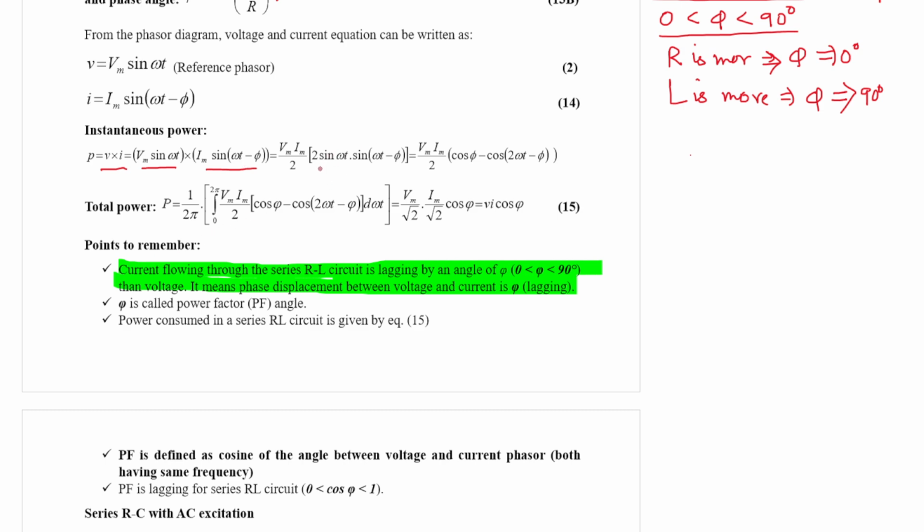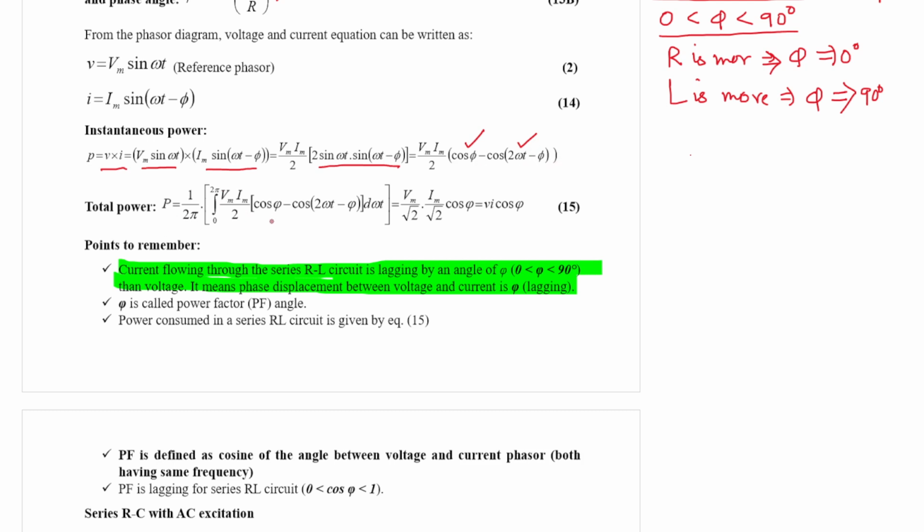So we do it like this, 2 sin omega t sin omega t minus phi. It is a formula of 2 sin C sin D. So the first term will be cos phi and the second term will be cos 2 omega t minus phi. So this is the formula. Instantaneous power is Vm Im by 2 times cos phi minus cos 2 omega t minus phi.